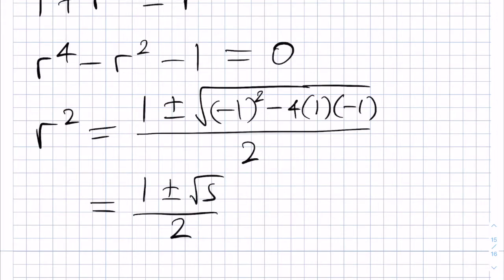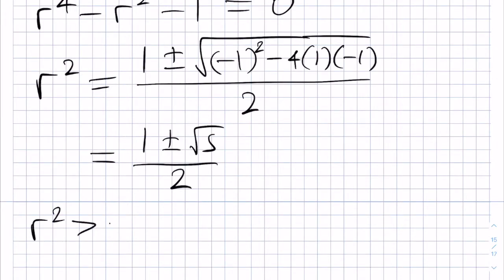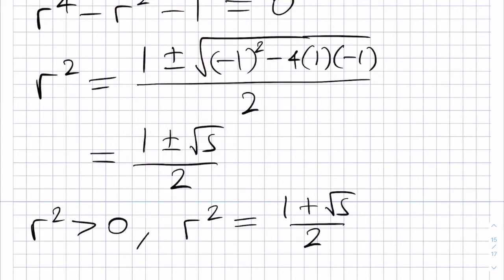Necessarily, r squared must be a positive number, because we couldn't have r squared being strictly negative, and we cannot have r squared being 0, since in particular, r and r squared are side lengths of this triangle. This means that we have to take the positive root, and so r squared is equal to (1 plus root 5) over 2, because (1 minus root 5) over 2 is negative.